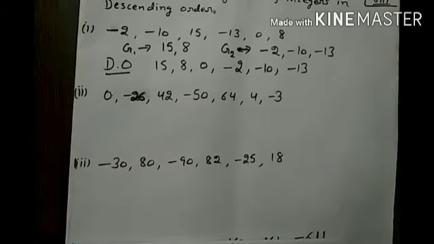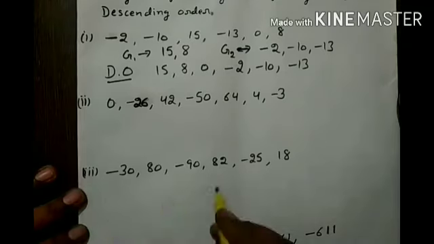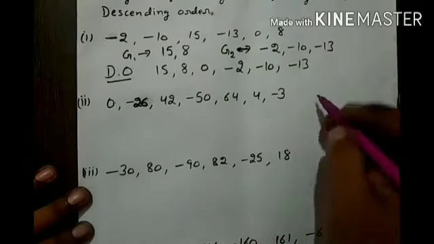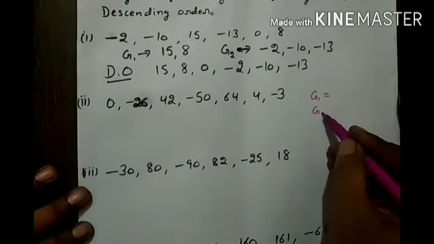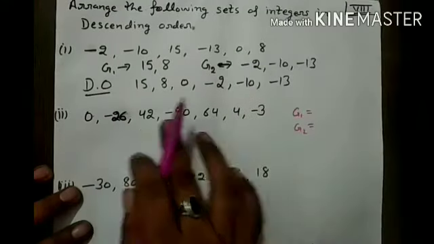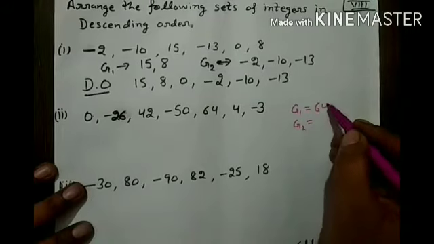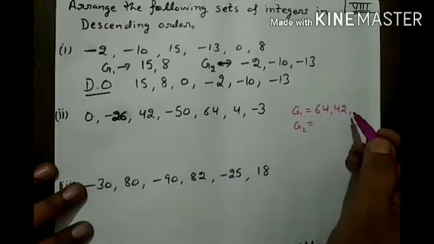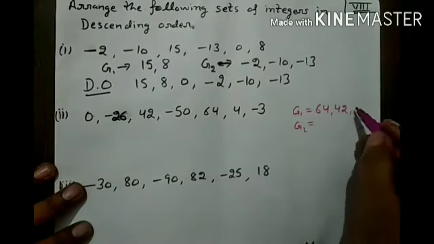Now in the second part, again we will make group 1 and group 2. Group 1 is of positive integers and group 2 is of negative integers. So we have to write 42, 64 and 4. As we have to write in descending order, I will write 64, after that 42, and after that 4.